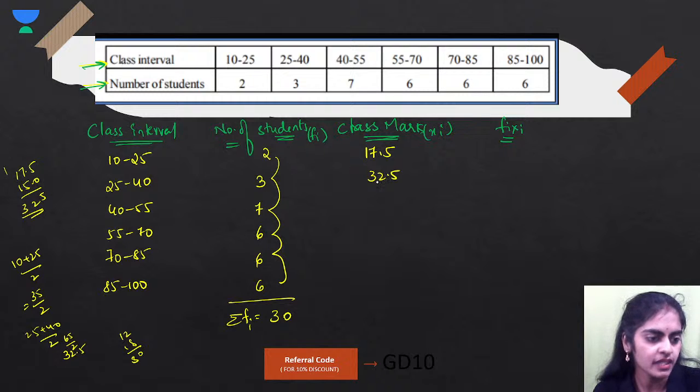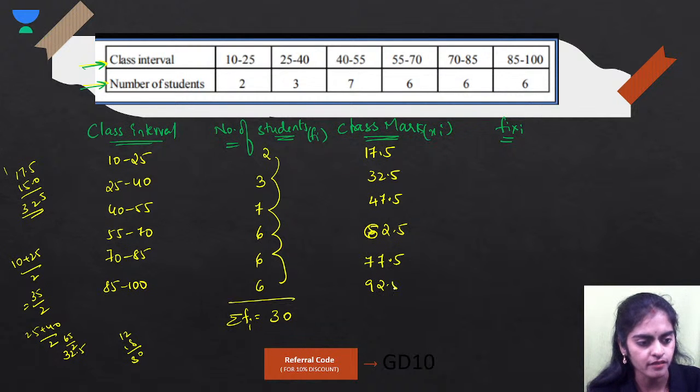Similarly, if I add 15 here, it will be 47.5. Again adding 15, it will be 62.5. Again adding 15, it will be 77.5. Again adding 15, it will be 92.5. So these are the class marks.